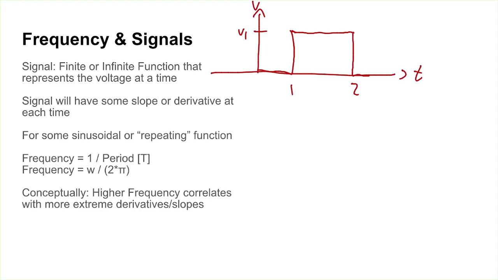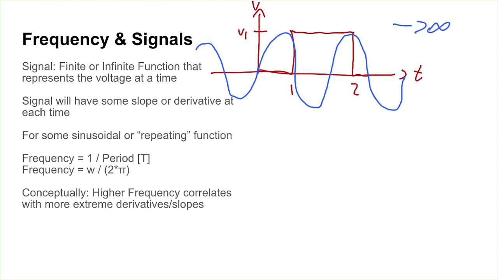Another example of a voltage signal could be a sinusoid. So this is an infinite signal, but pretty much it's a sine wave that's, for all intents and purposes, going off to infinity, right? And for both of these functions, at every single time, it's going to have some derivative. This is much easier to visualize with the sine function, where here at the top, the derivative is 0, and then at the bottom, the derivative is also 0.